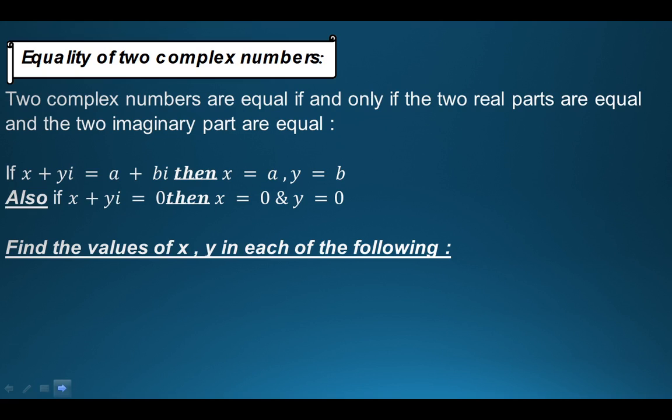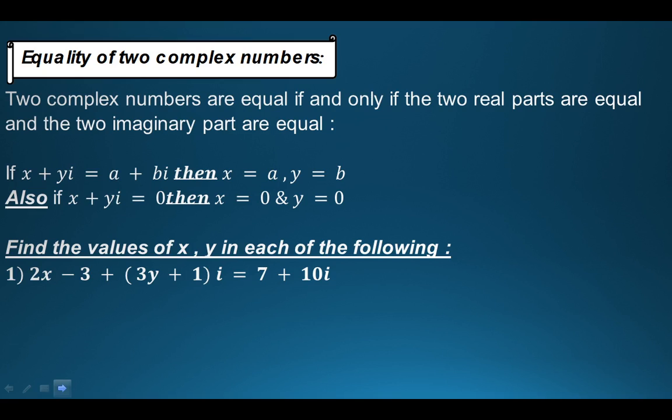Find the values of x and y in each of the following. (2x minus 3) plus (3y plus 1)i equals 7 plus 10i. Here you can see that the first complex number is equal to another complex number.